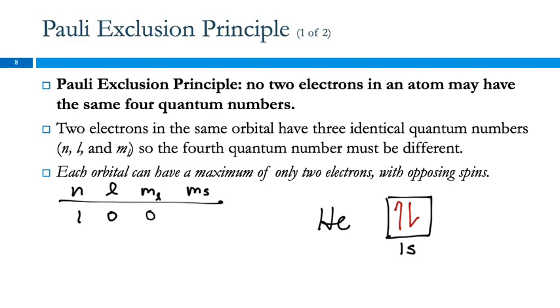So far, those 2 electrons are going to have the same quantum numbers because they're in the same orbital. But one of these is spin up and one is spin down. This one's plus 1/2, and this is minus 1/2. So the set of quantum numbers is very similar, but the last digit's different, okay?